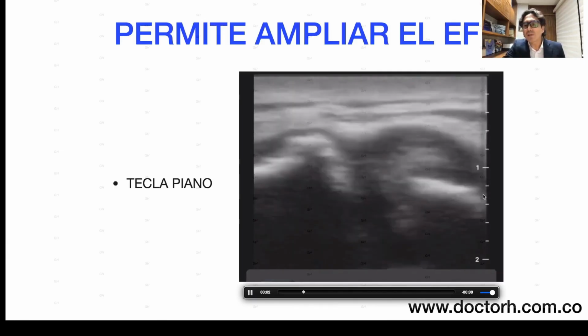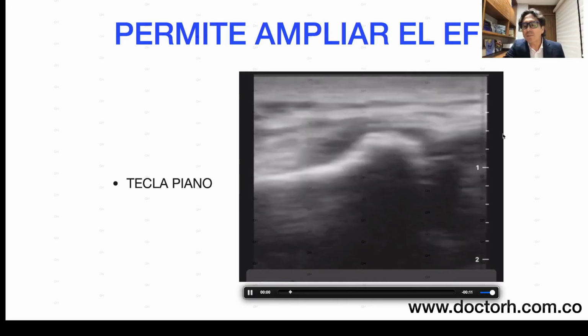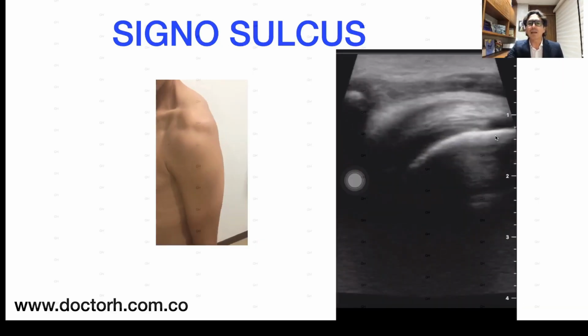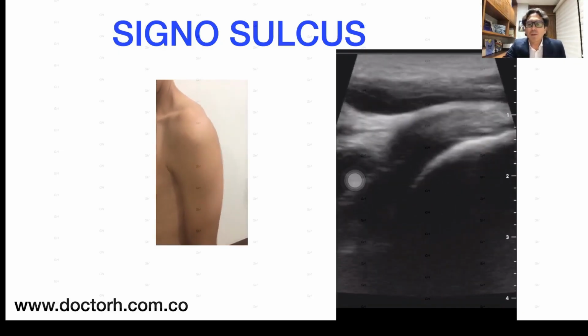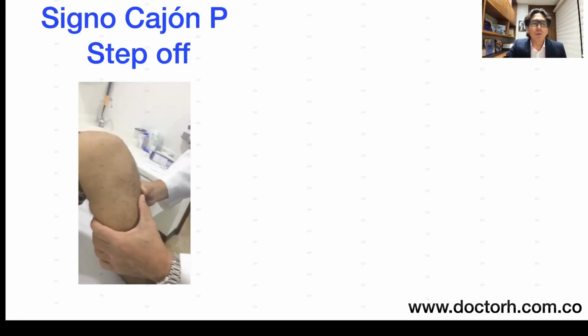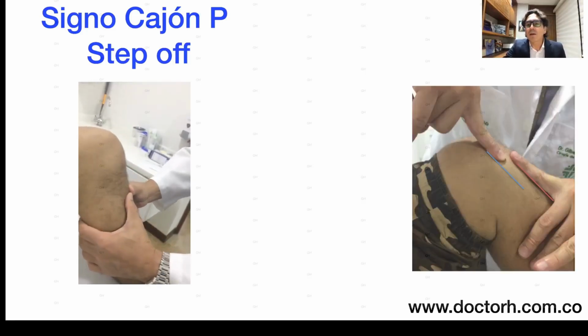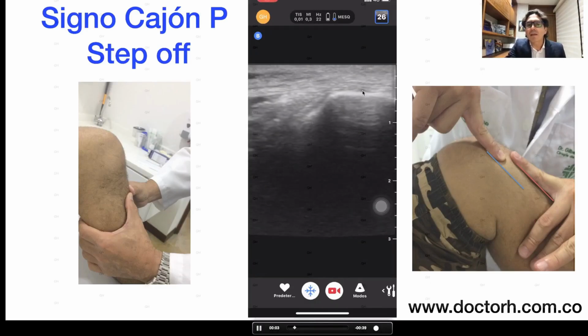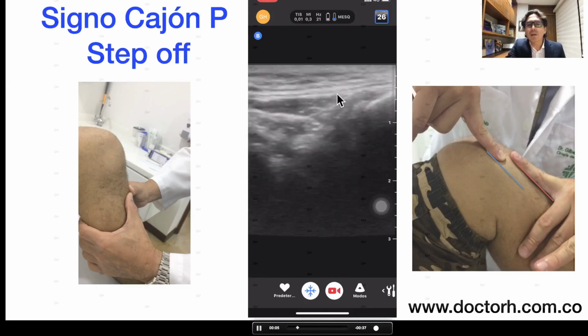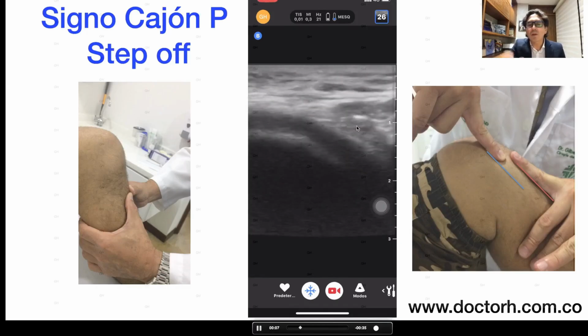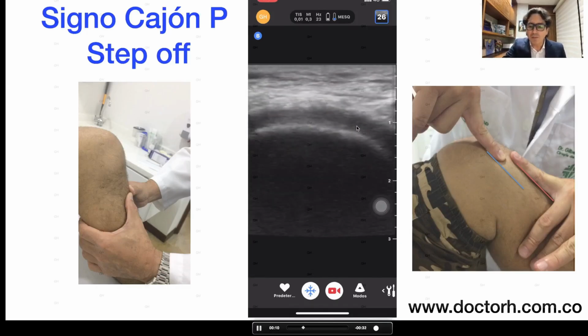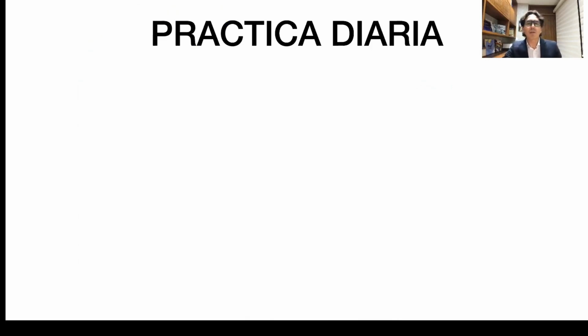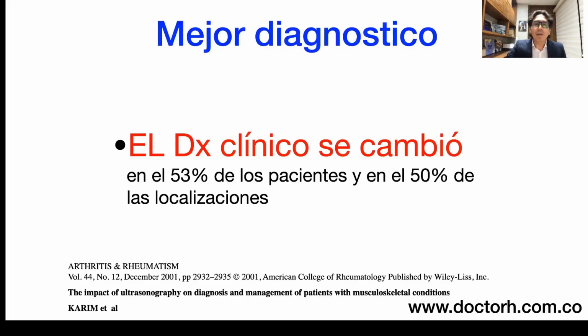It would be much better if we could look at it with this ruler and measure in millimeters, and even make signs like the sulcus more objective, or it would be much more practical for signs like the drawer test, the step off, the Petrie hammer, measuring them with ultrasound and saying, for example, that there is a tibial translation of so many millimeters, and classifying that as grade 1, 2, or 3, and not just relying on my finger or my own perception. So there's no doubt that, in daily practice, the literature also supports us using it routinely.